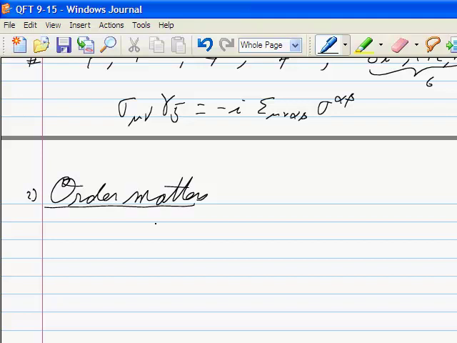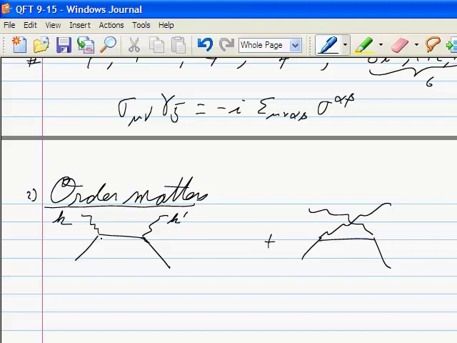Okay, so let's do Compton scattering. Compton scattering has the following 2 diagrams. So let's call this k, k prime, p, p prime. This is then p plus k.